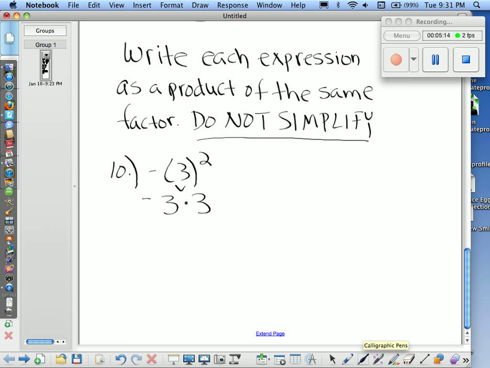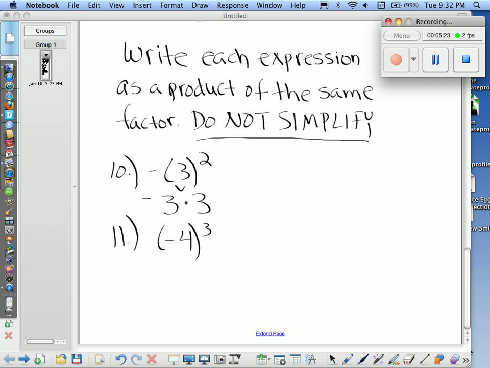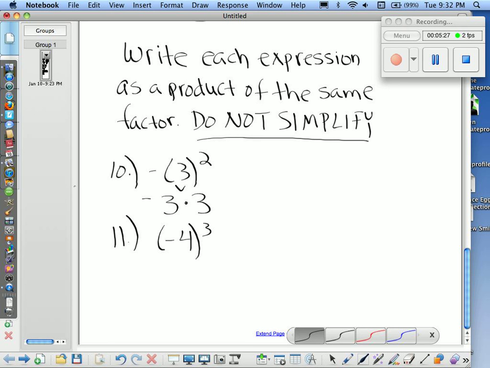Okay, some people simplified, and I'm glad you got the right answer, but I wanted to see that you understood this problem. So number 11, again, we were just showing what this means. This means we are repeating -4 3 times, multiplying it by itself 3 times because we've got those parentheses there.